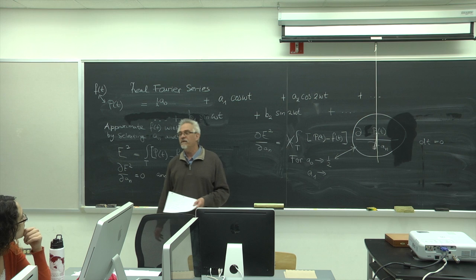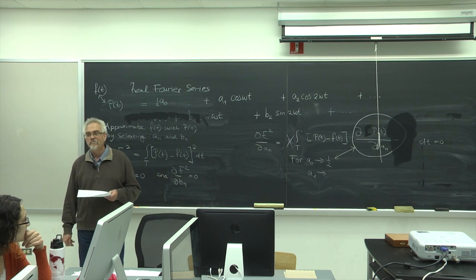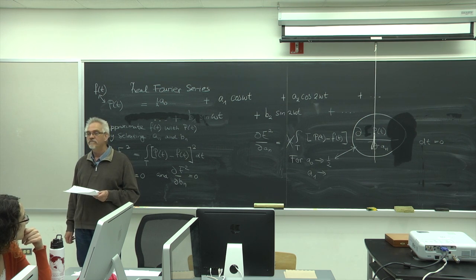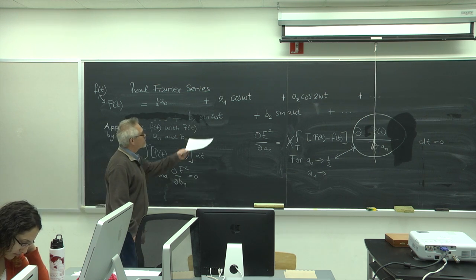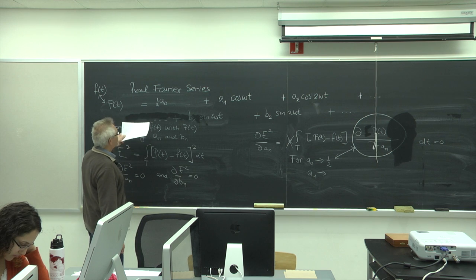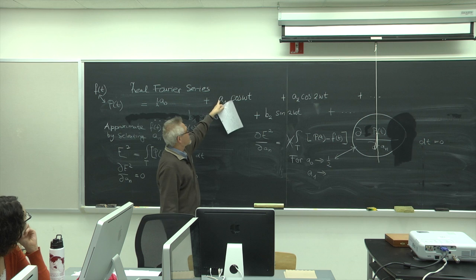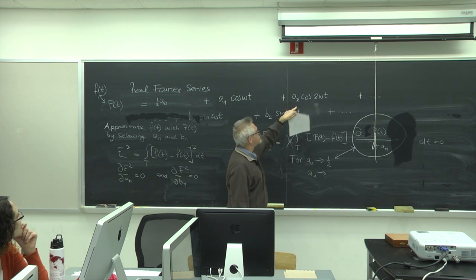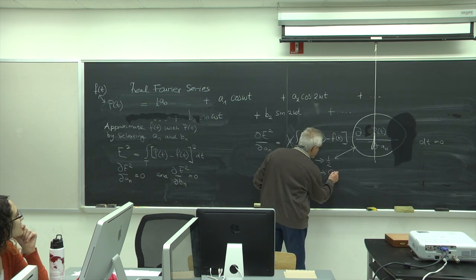Now someone else, what will be the outcome for A1? Cosine omega t indeed, because if I do this relative to A1, the rest vanishes. Here there is A1, so cosine omega t will be the outcome. Here, this will vanish, this will vanish, this will vanish.